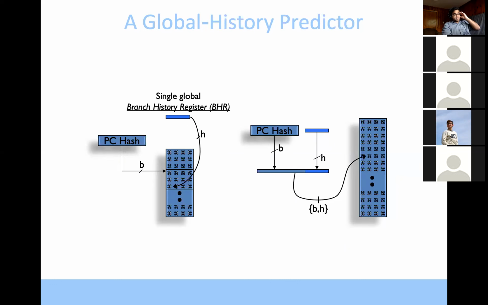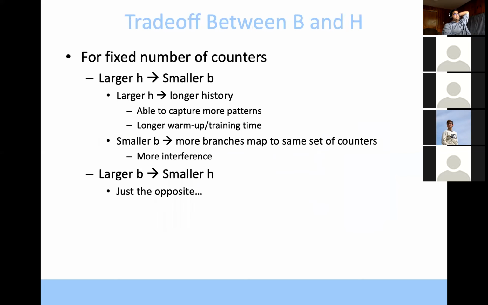Again, there's a trade-off here between B and H. The larger the H, the smaller the B, which means you have longer global history, able to capture more patterns, and longer warm-up time.